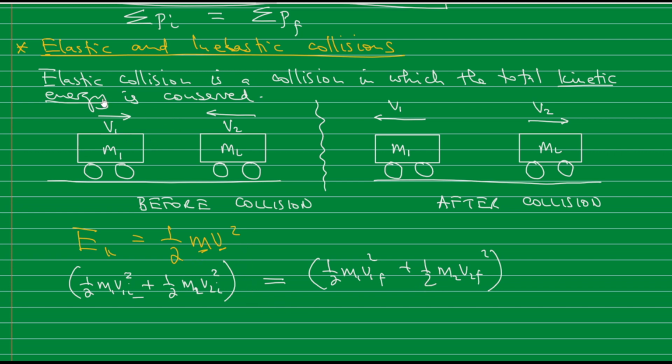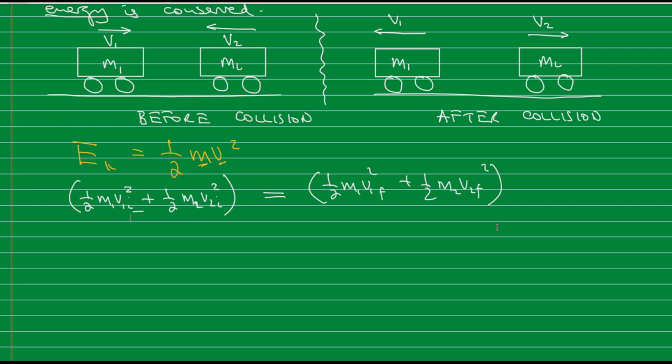then we say it is an inelastic collision. In summary, we write this as a formula: when the sum of the EK initial is equal to the sum of the kinetic energies final, then the collision is elastic.